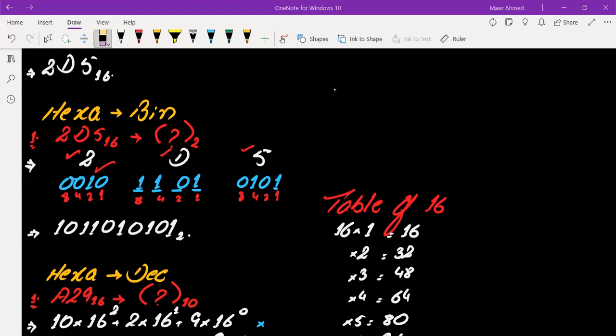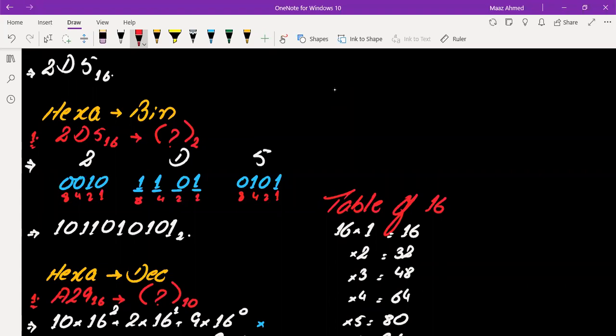Okay, what we just simply need to do, I'm explaining it again. Please just listen now. We were provided with the number 2D5. For 2D5, what are we gonna do? We need to represent each and every number on 4 bits.